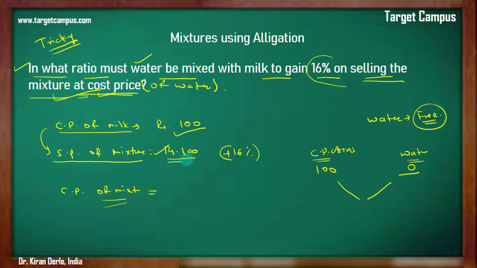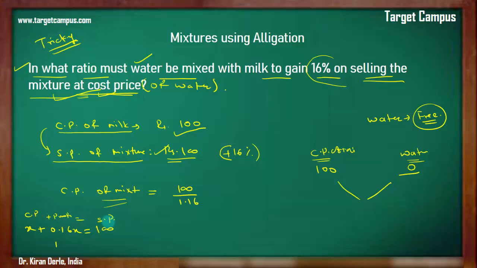We know the selling price is 100, yes. So what would be the cost price? If 100 is the selling price with 16% profit, then go and check the profit and loss video if you don't understand this. Or else I'll make it simpler here. Cost price is x, profit is 0.16x, so selling price becomes 100.